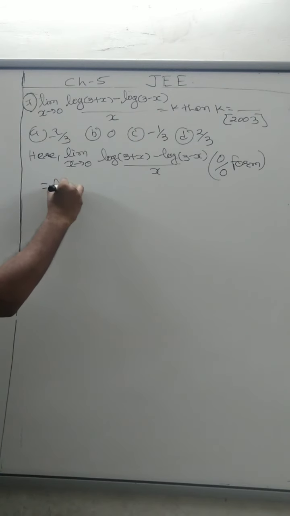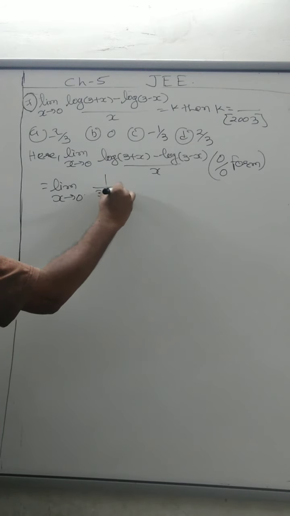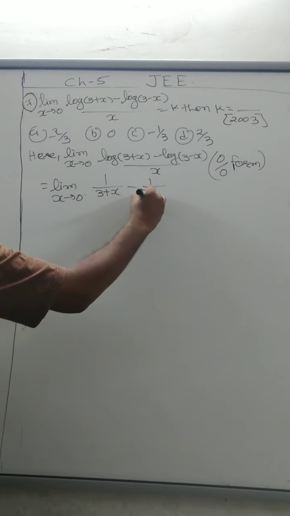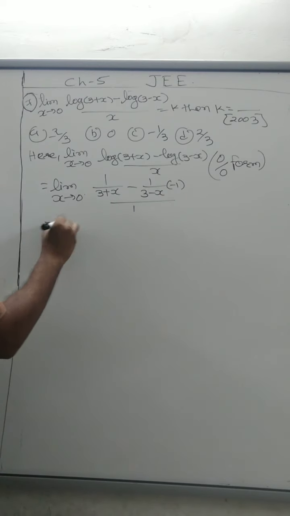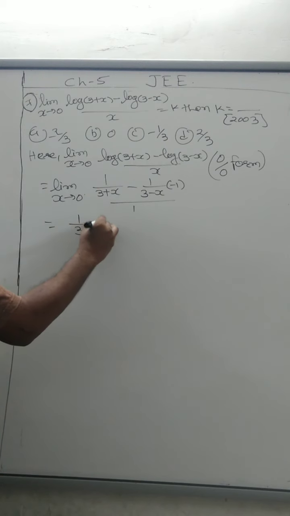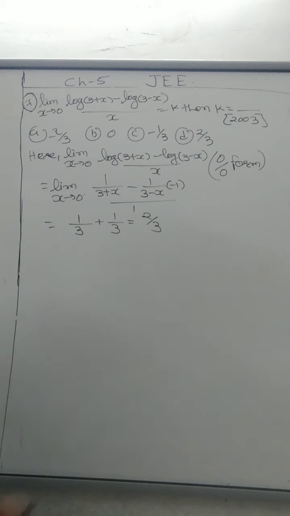So limit x tends to 0, 1 upon 3 plus x into 1 minus 1 upon 3 minus x into minus 1 upon 1, right? Now you put the limit. Then you get 1 by 3 plus 1 upon 3. It is 2 by 3.